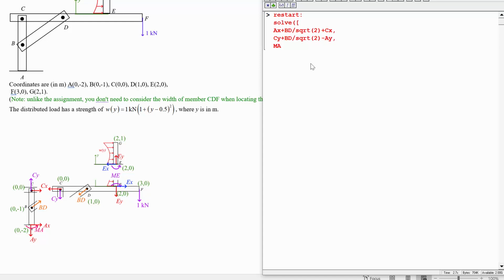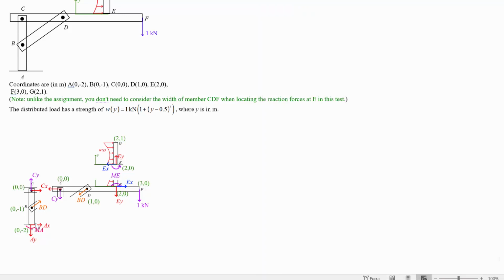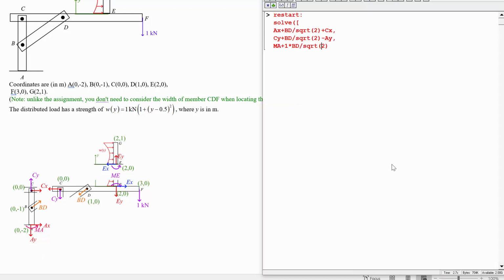MA, BD is also going to be creating a positive one. BD's X component, which is 1 up, 1 times BD over square root 2. And then CX is creating 1. Oh, but wait a minute. Hold on a sec. BD's X component would create a negative torque because it makes this rotate in that direction about point A. So actually, we should be subtracting that.